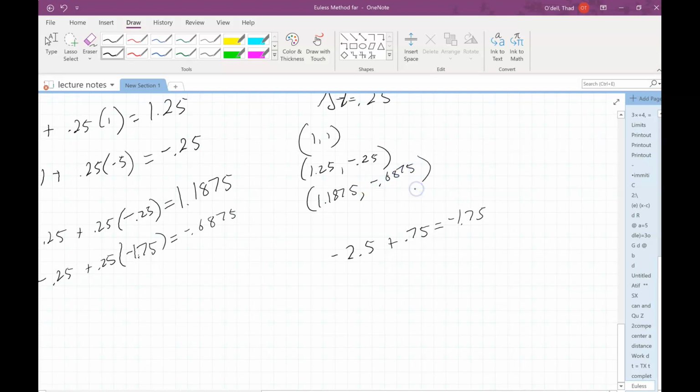So it went from 1, 1 to 1.25, negative 0.25, and then it went to 1.1875, negative 0.6875. And you can see if we just keep doing this, it'll keep producing new coordinates. Each one of these points would be connected by a line segment, and that would be an estimate of the curve. And you can see if we make the step size really small, we could draw a curve that's pretty close to the actual solution. All right.